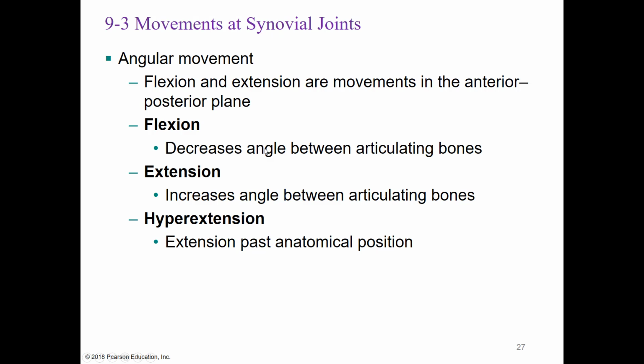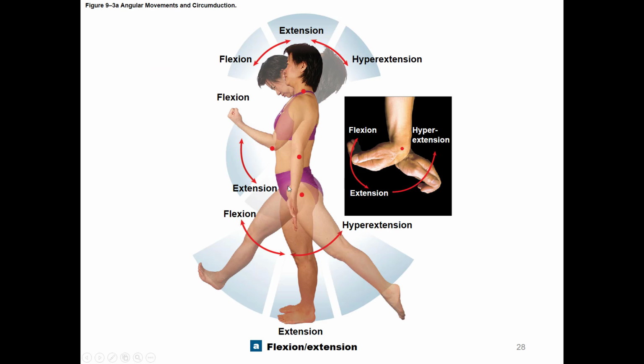Okay, and flexion is when we decrease the angle between the articulating bones. So if you're standing in anatomical position and you bring your hand up towards your face, like we can see right here, that is flexion. If you're standing in anatomical position and you bring your foot up towards your face, flexion.